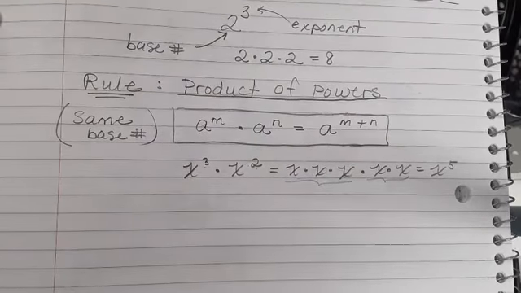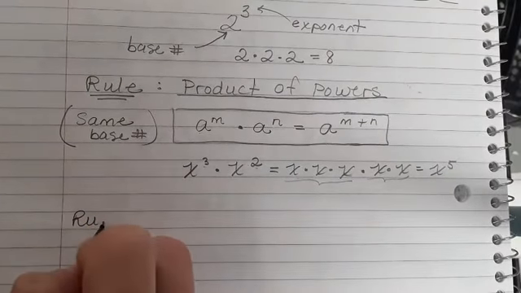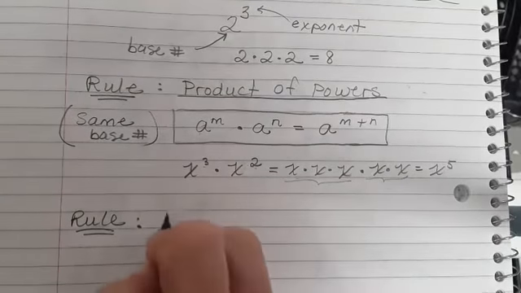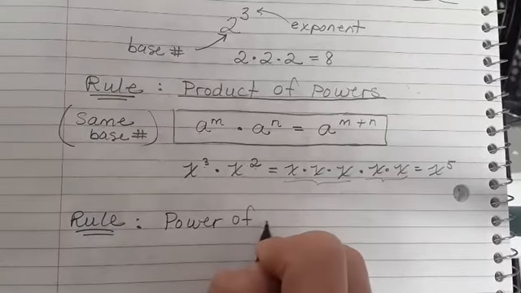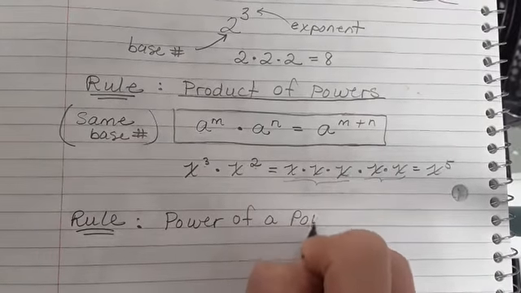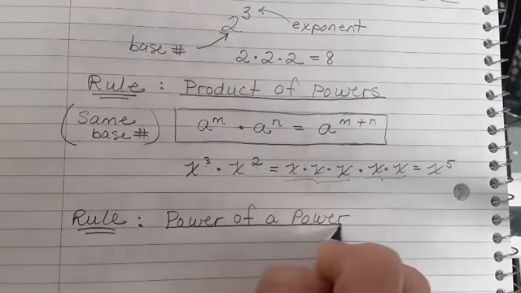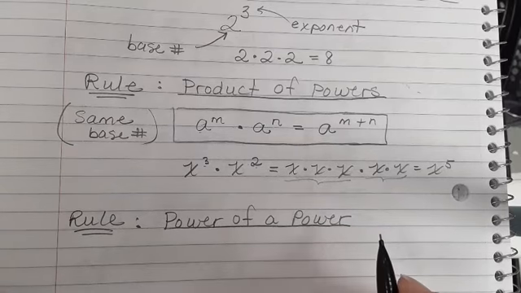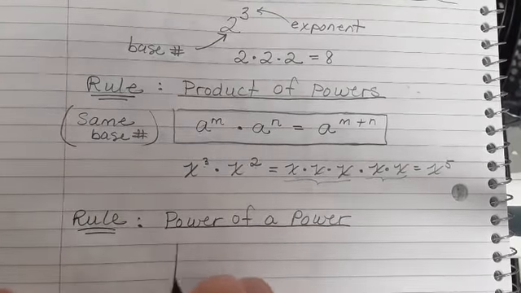All right, then the second rule that you're going to see is a power of a power. All right, so I'm going to go ahead and leave a box here.